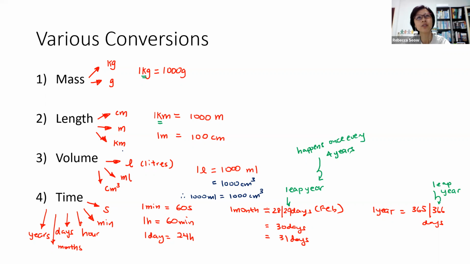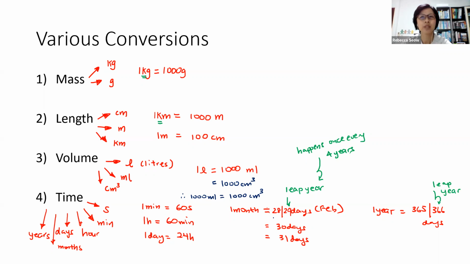Following that, we move on to the units of time. For time, we have seconds, minutes, hours, days, months, years, and so on and so forth. 1 minute is 60 seconds. 1 hour is 60 minutes. 1 day is 24 hours. 1 month really depends on which month it is.